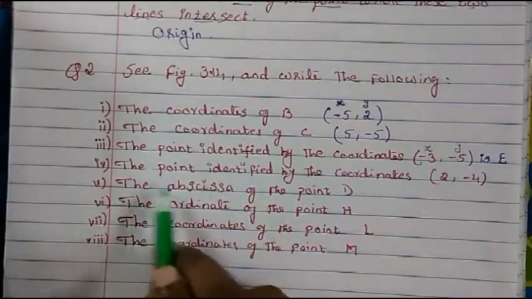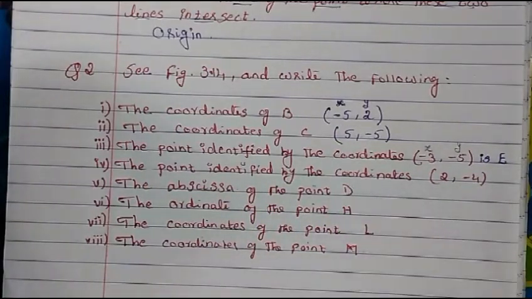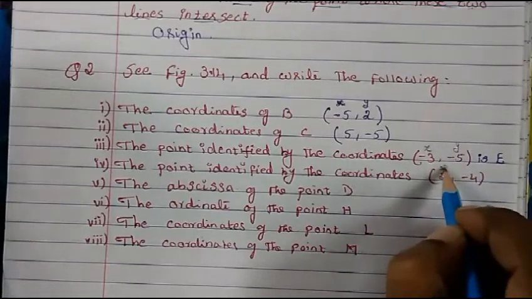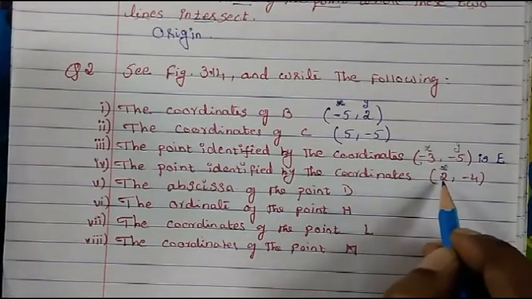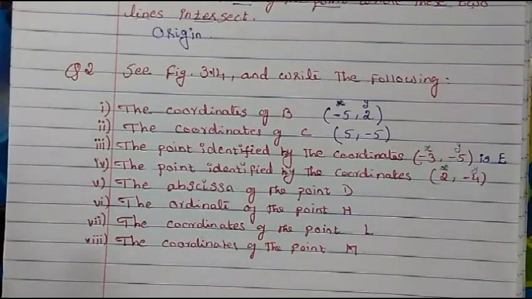So now let's see the next one. The point identified by the coordinates 2 and -4. On x we have to see 2, and on y we have to see -4, where they are meeting.